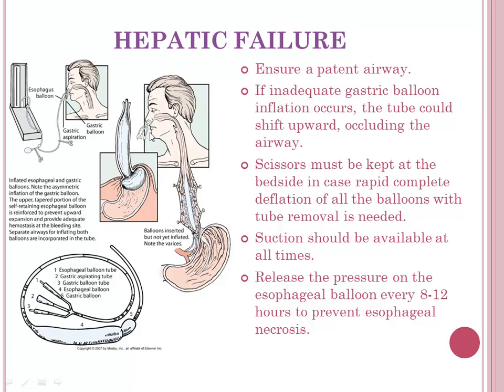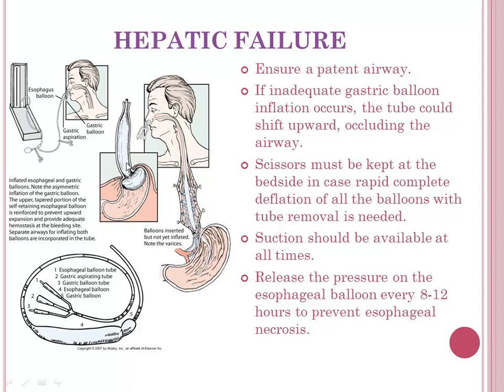Now, the biggest thing with this tube, yes, it's in the esophagus, but you've got to ensure a patent airway. If for some reason this gastric balloon becomes deflated or slightly deflates, if this tube shifts upward, now you have this esophageal balloon that's inflated that could potentially occlude the airway. So if your patient presents with respiratory distress, this balloon here is huge.